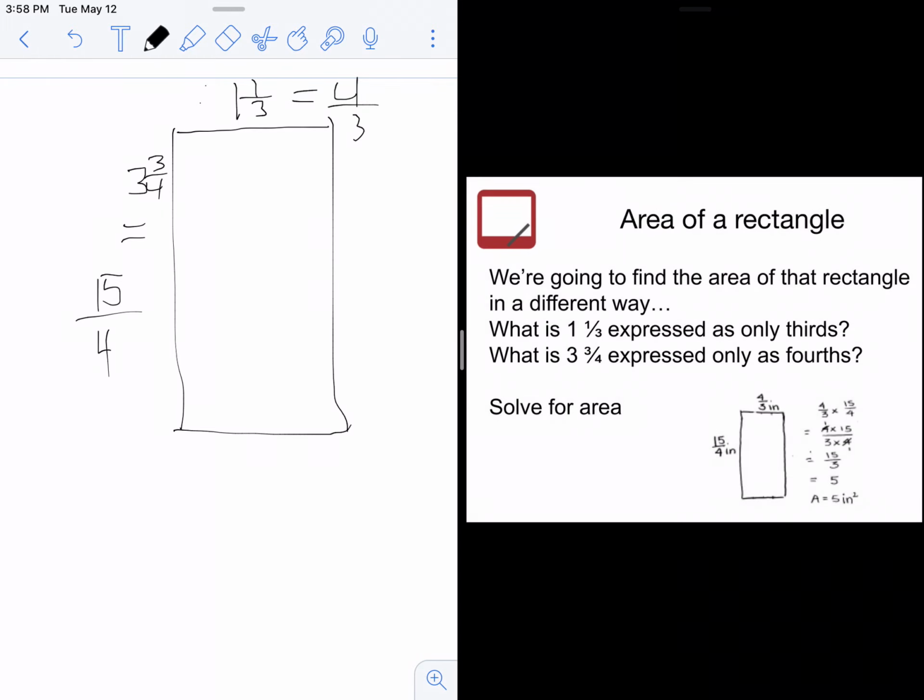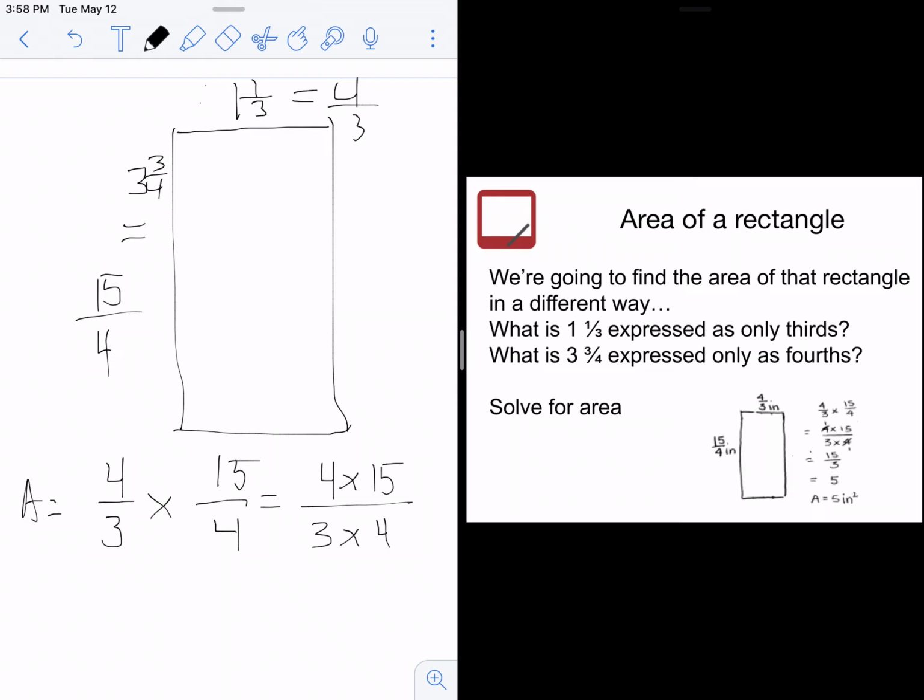And when you solve for area, it's going to look something like this. So now we have 4/3 times 15 fourths. I'm going to make this look more like a multiplication sign. Okay, so now we have 4 times 15 over 3 times 4.